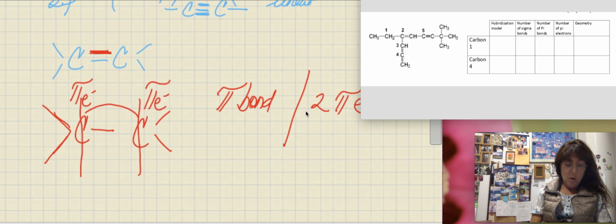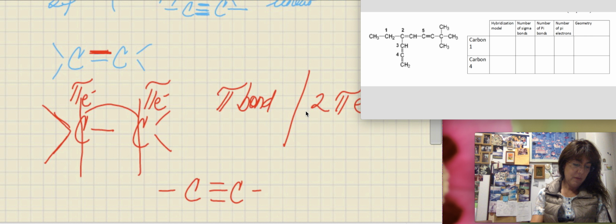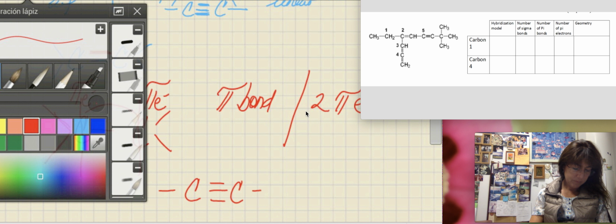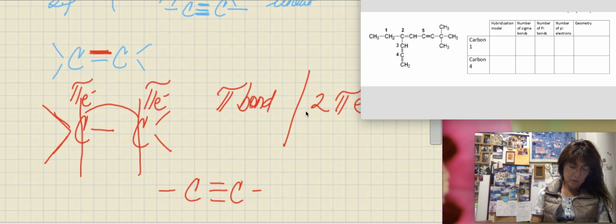When you have a triple bond, following this very same idea, let's give a color to this. You have two single bonds for this carbon atom, two sigma bonds. The very same thing goes for the other carbon atom.